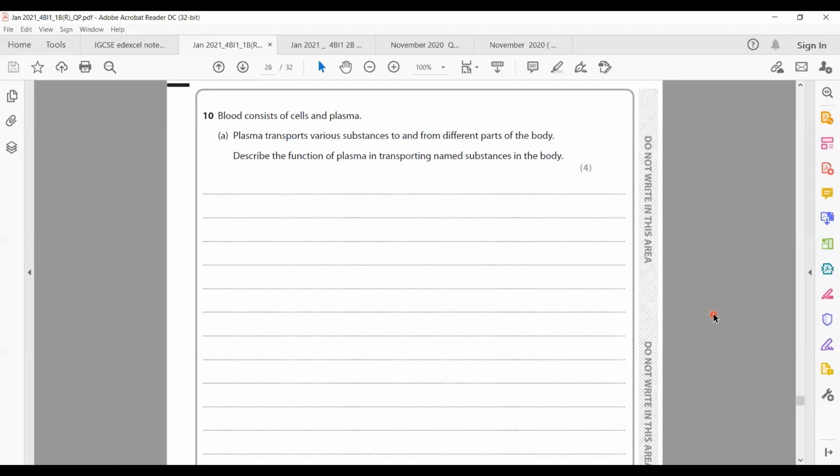Very good. But can you give me one very important metabolic waste? Urine. Not urine. It is called what? Urea. Very good. Urea is a part of the urine. فأنا ما بقولش urine بقى بقول urea because it's still carried by the plasma. So what else? Transports. What else?